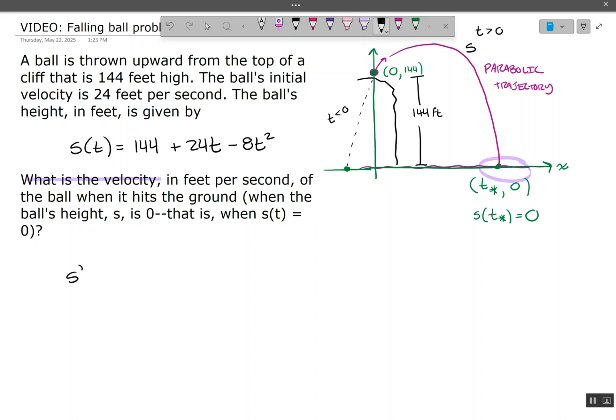So I know that the derivative of position is velocity. And so I can use my limit definition and eventually get to a point where I have calculated the velocity to be this.